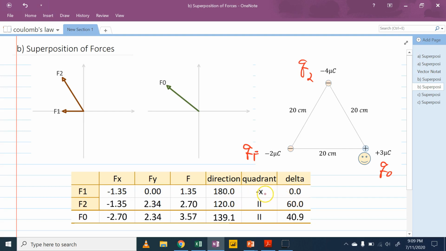Notice F1 is actually not in a quadrant, it lies on the negative x-axis, right? And then when you combine your x components and y components, see if you can get the magnitude and the direction of the final answer, which I'm showing you is in quadrant 2. And so give that a go.